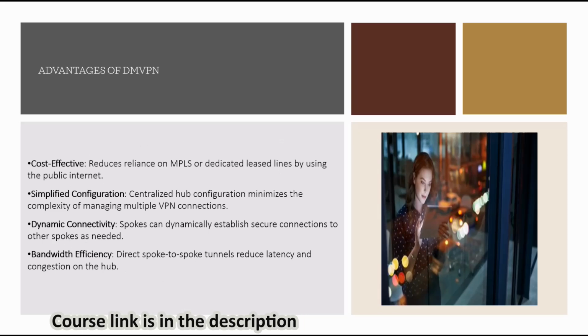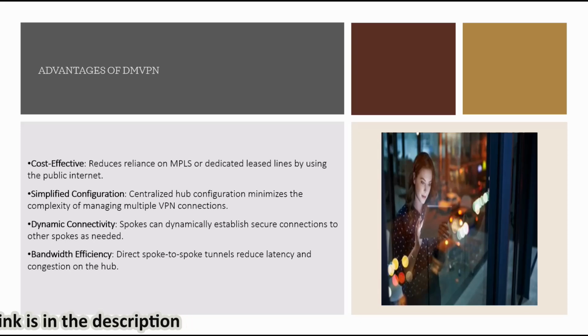Advantages of DMVPN. Why this is very useful is because every branch office has a router, and if those routers are compatible with the latest version of Cisco IOS, DMVPN will be supported on those routers. You do not need leased lines or dedicated MPLS circuits to do this, okay?